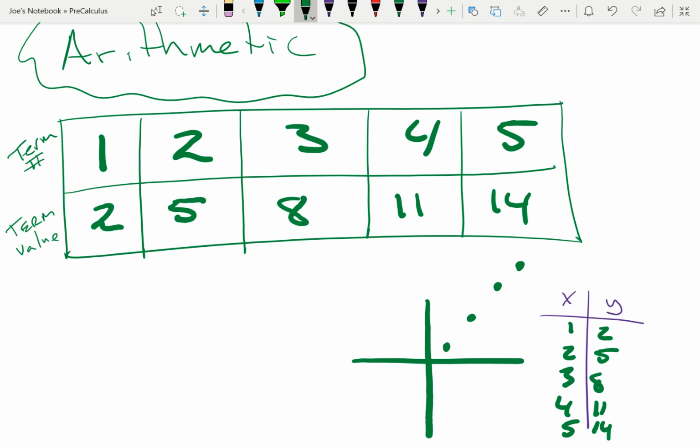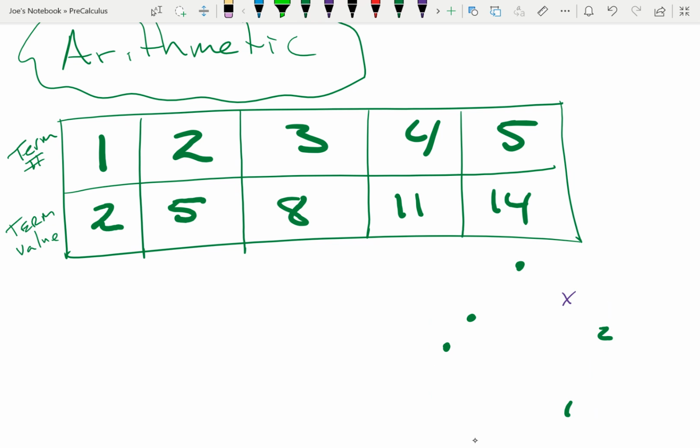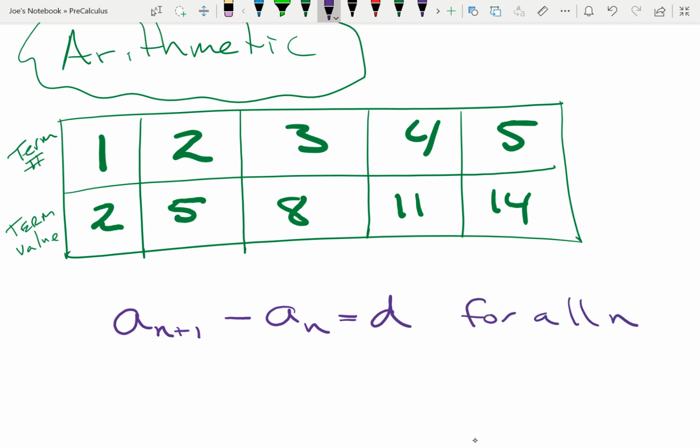Now, let's start moving on to some things. We have to determine if it's arithmetic. So let's put in here things that you're going to need. If you were here yesterday, you got a little used to this notation. If something is arithmetic, a sub n plus 1 minus a sub n will be the same difference for all n.